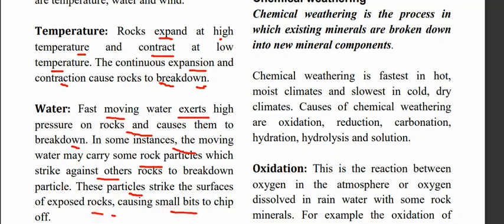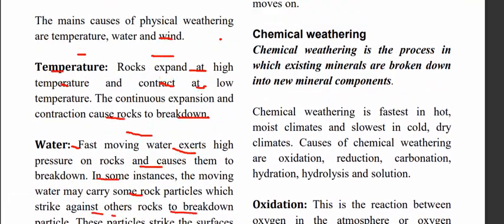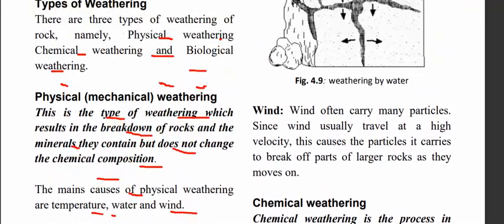So when a rock is on the surface of the earth and it is raining, and the pressure of the water is very strong, it might cause the rocks to hit each other, and chips of them start to break down. This causes the rock to become weathered.